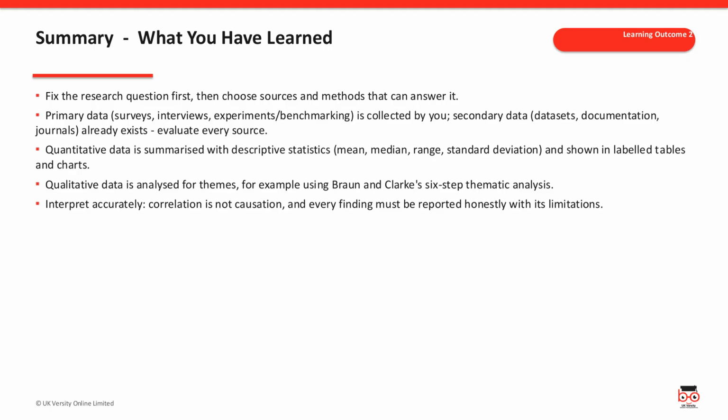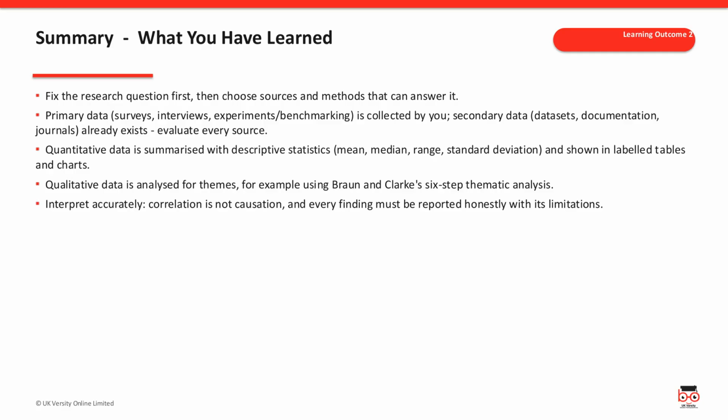Let's bring the second outcome together. You fix the research question first, then choose the sources and methods that can answer it. Primary data, like surveys, interviews, and benchmarks that you collect, and secondary data, like datasets and journals that already exist, evaluating every source.